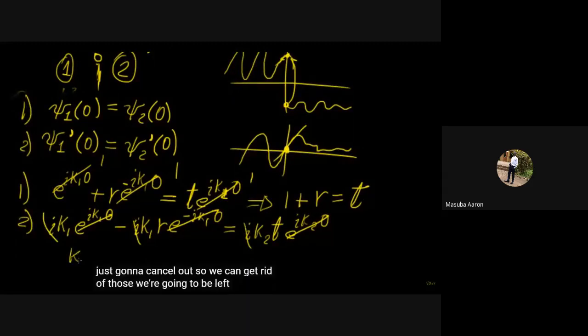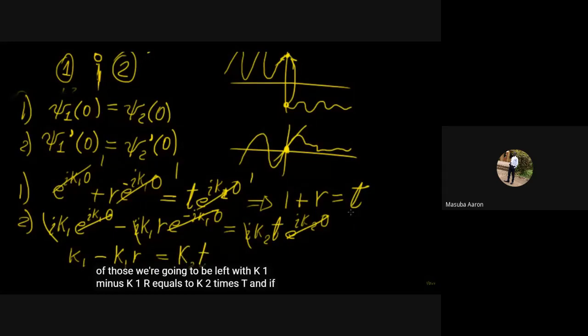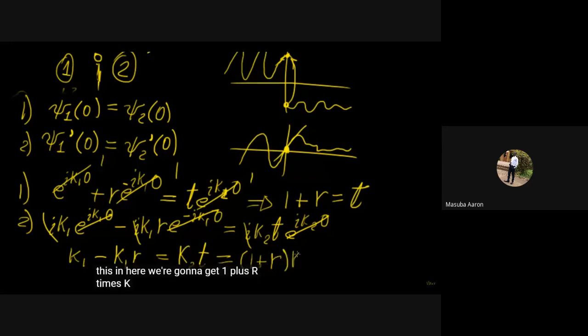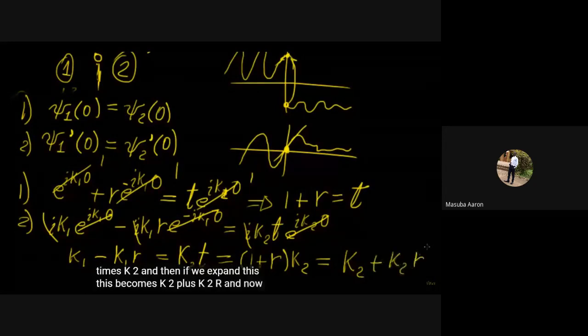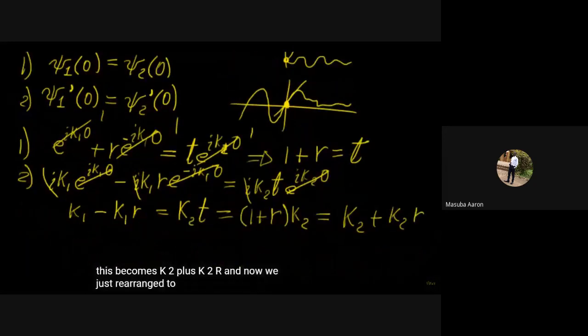So we can get rid of those. We're going to be left with k1 minus k1 r equals k2 times t. And if we solve for t, so basically just put this in here, we're going to get 1 plus r times k2. And then if we expand, this becomes k2 plus k2 r. And then we just rearrange to solve for r on both sides.